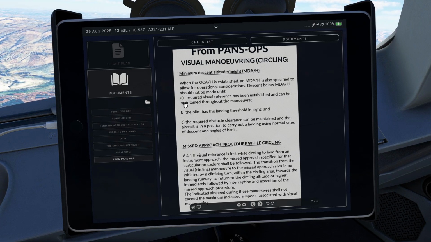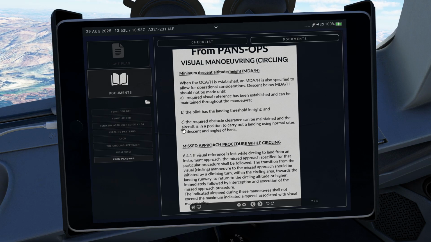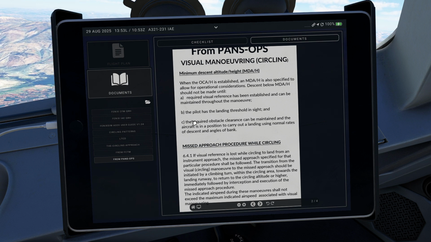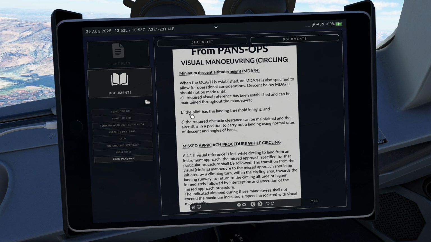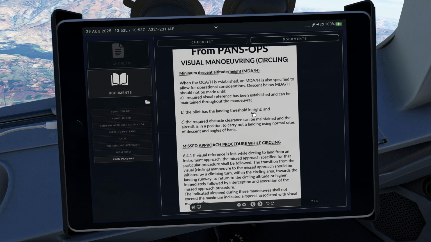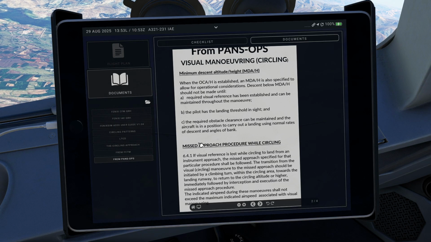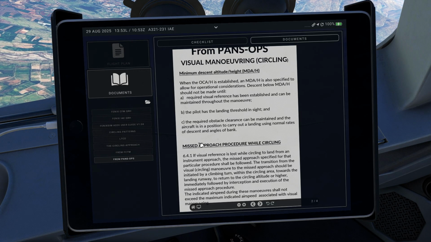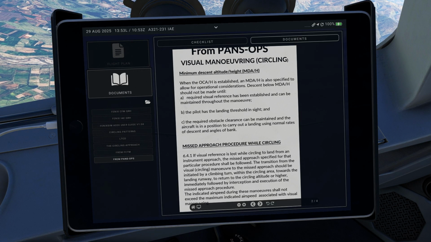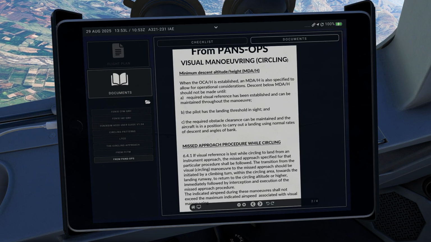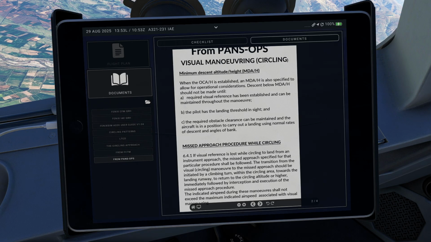All of these three, A, B, and C items are golden rules for circling approach, but the main one is item B. The pilot has the landing threshold in sight. It means we have to, all the way during the circling procedure, have the threshold of runway 10 in sight, not runway 28, not the aerodrome environment.